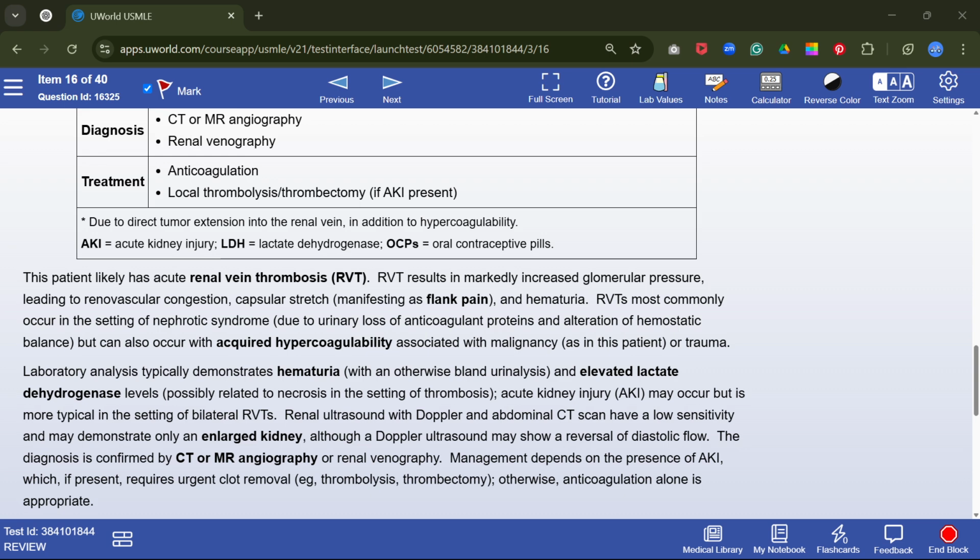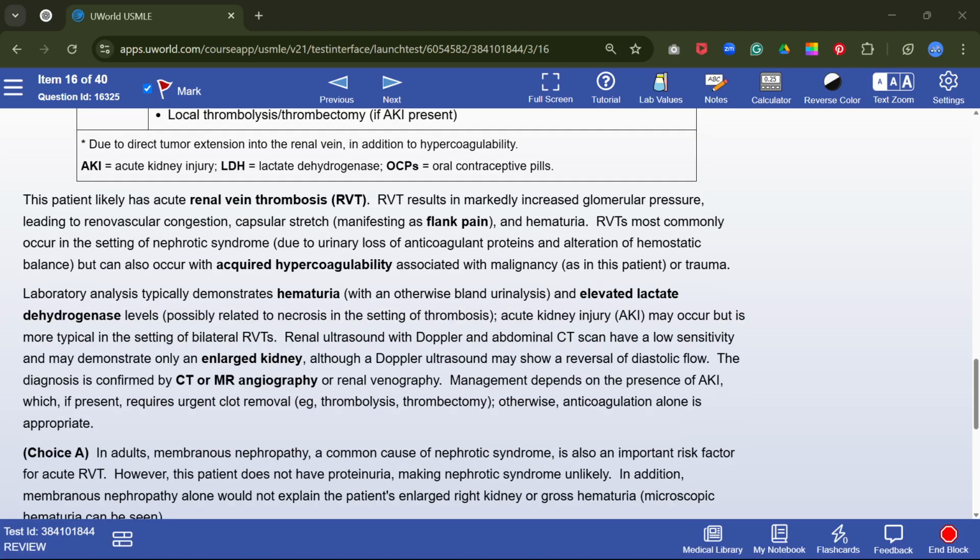The diagnosis is confirmed by CT or MR angiography or renal venography. Management depends on the presence of AKI, which, if present, requires urgent clot removal with thrombolysis or thrombectomy. Otherwise, anticoagulation alone is appropriate.